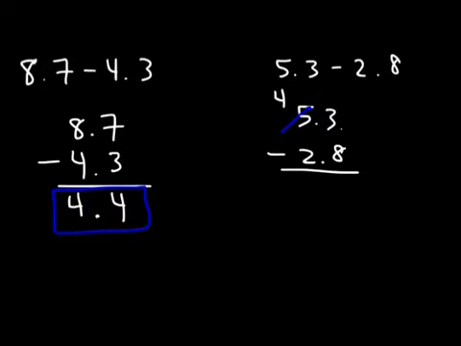So the 5 becomes a 4, and you transfer the 1 to the 3, so the 3 becomes 13. So now we can subtract 13 by 8. 13 minus 8 is 5. And then it's going to be 4 minus 2, which is 2. And so we have our answer, 2.5.